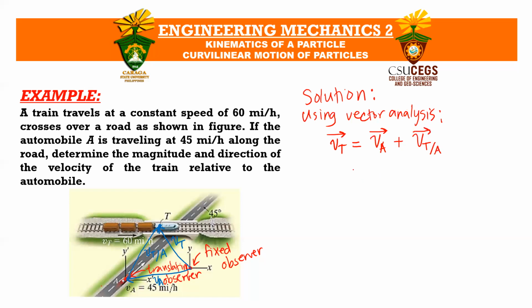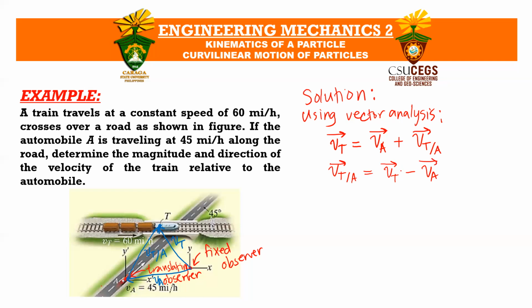Since what we need to determine here is the magnitude and the direction of the velocity of the train relative to the automobile, we will rearrange the equation to solve for the velocity of the train relative to A. So this equation will become v of t relative to A is equal to v of t minus v of A. And take note, this equation is in vector form.